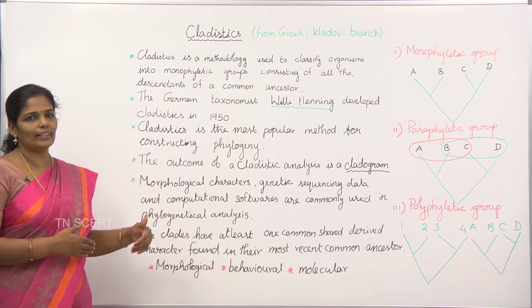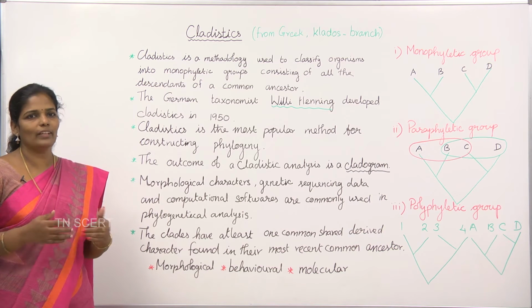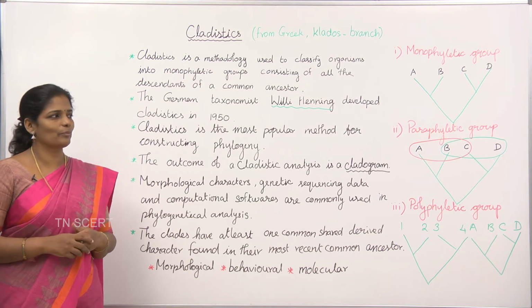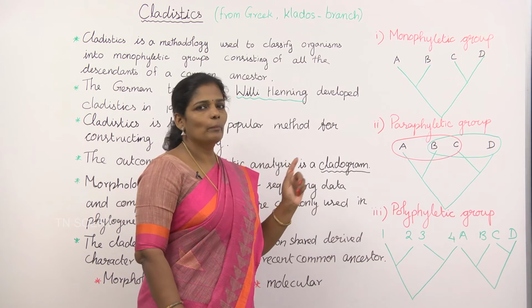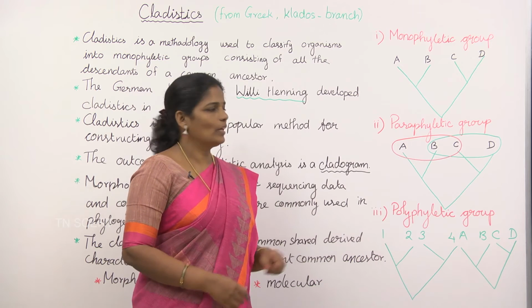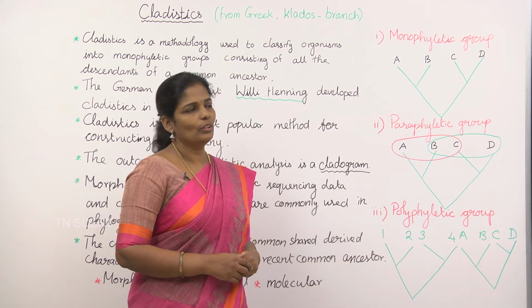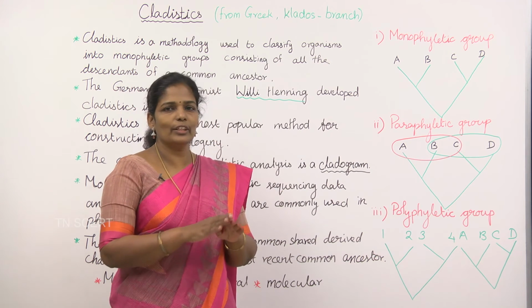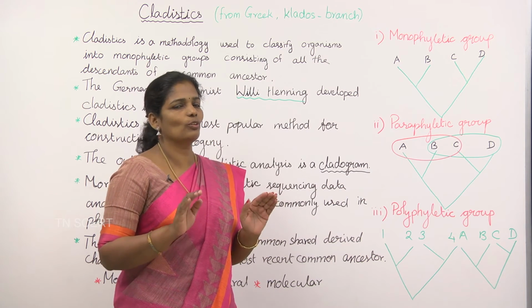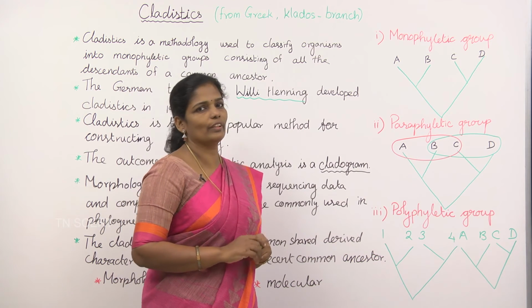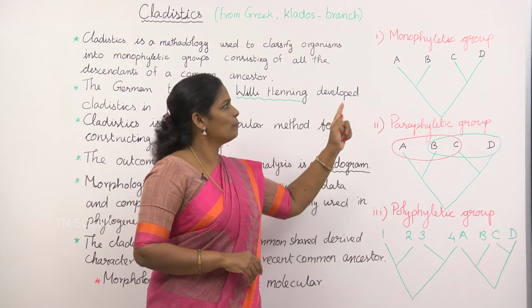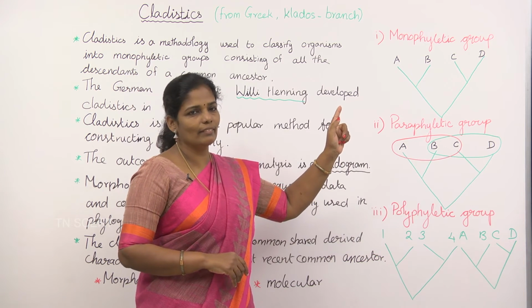So, these characters are taken into consideration while constructing a cladogram, and the groups in a cladogram are of three types: monophyletic group, paraphyletic group, and polyphyletic group. What do you know about a monophyletic group? A taxon that includes all the descendants of a common ancestor is called a monophyletic group. See the first diagram here, A, B, C, D is given, right?